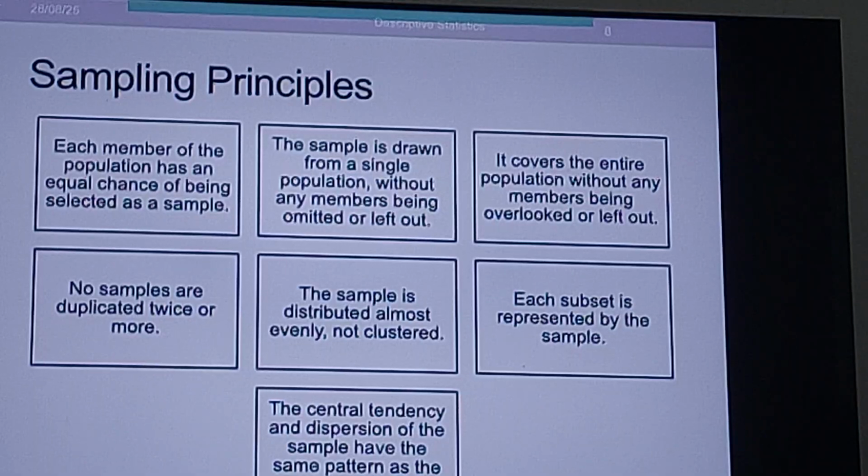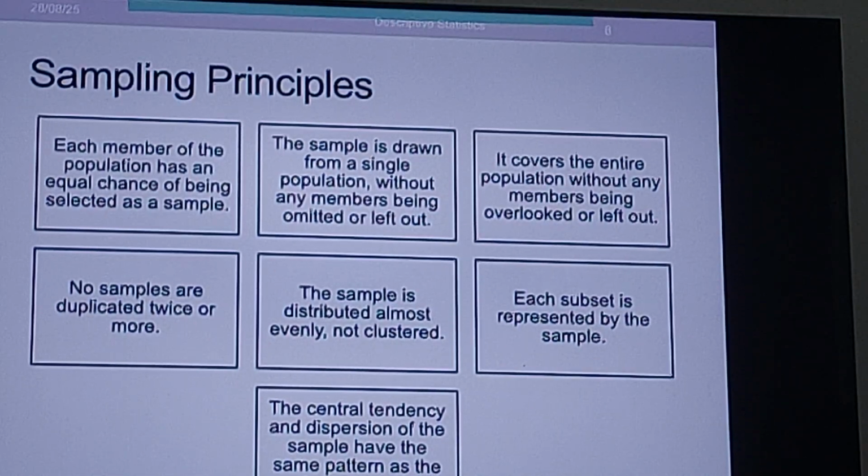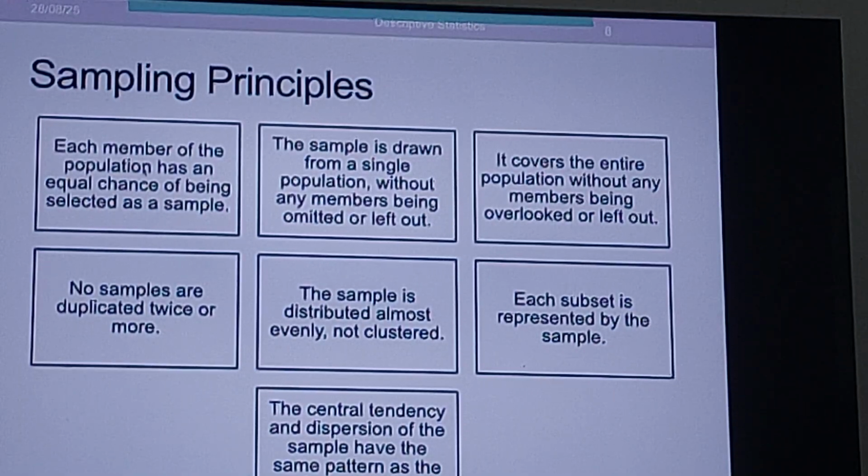We just discussed it earlier. We have a big population and we need to determine who is our sample. How do we make sure that our sample has an equal chance from the population?